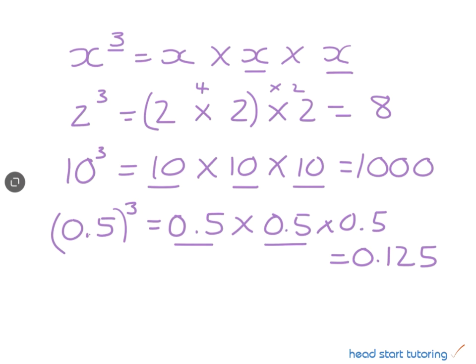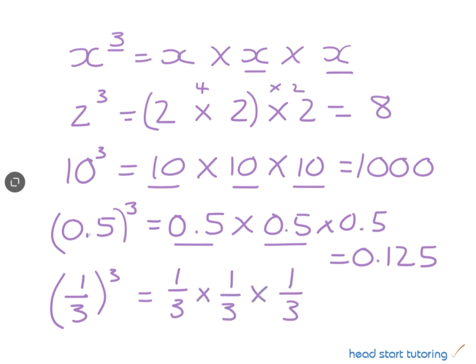We then have a look at 1/3 cubed, which is equal to 1/3 times 1/3 times 1/3, and 1 over 3 times 1 over 3 is 1 over 9, and 1 over 9 times 1 over 3 will give you an answer of 1 over 27.